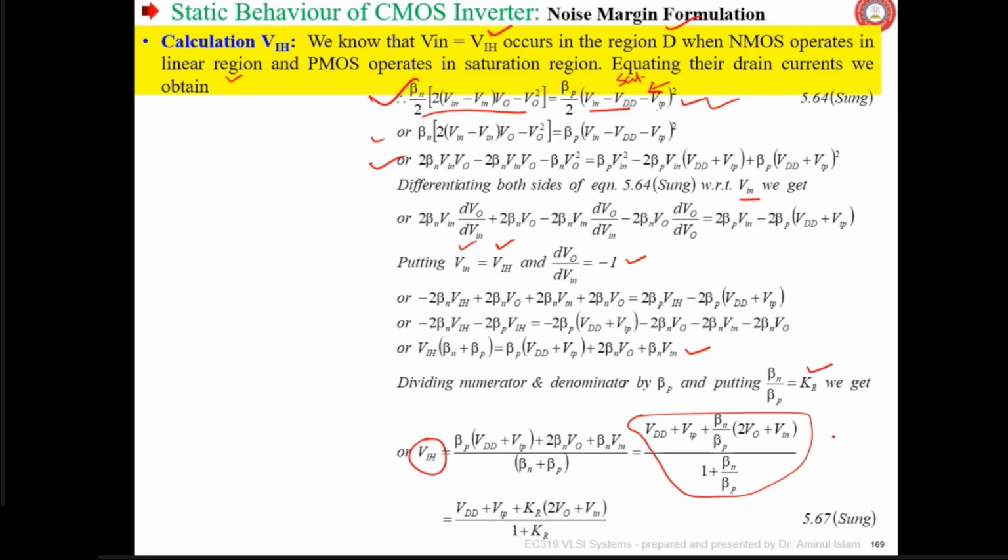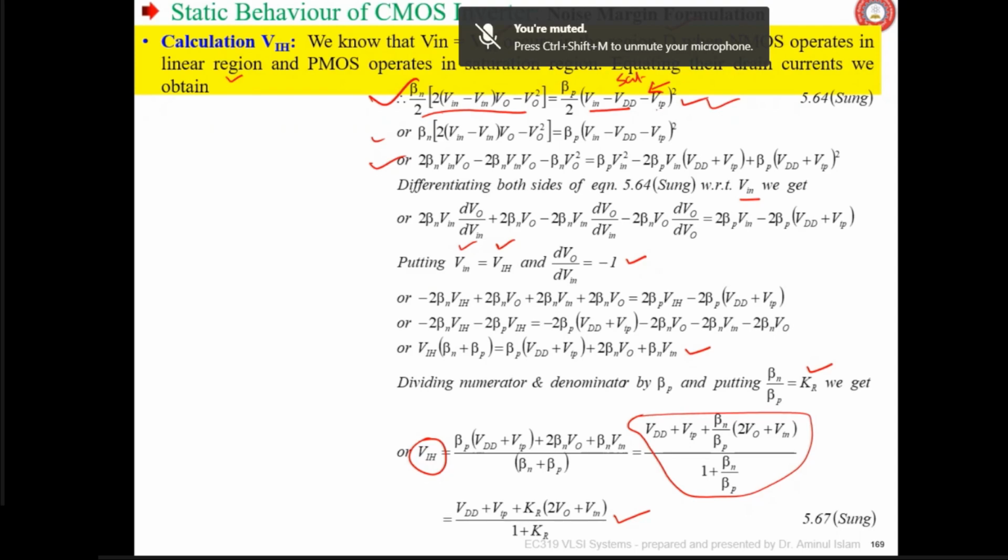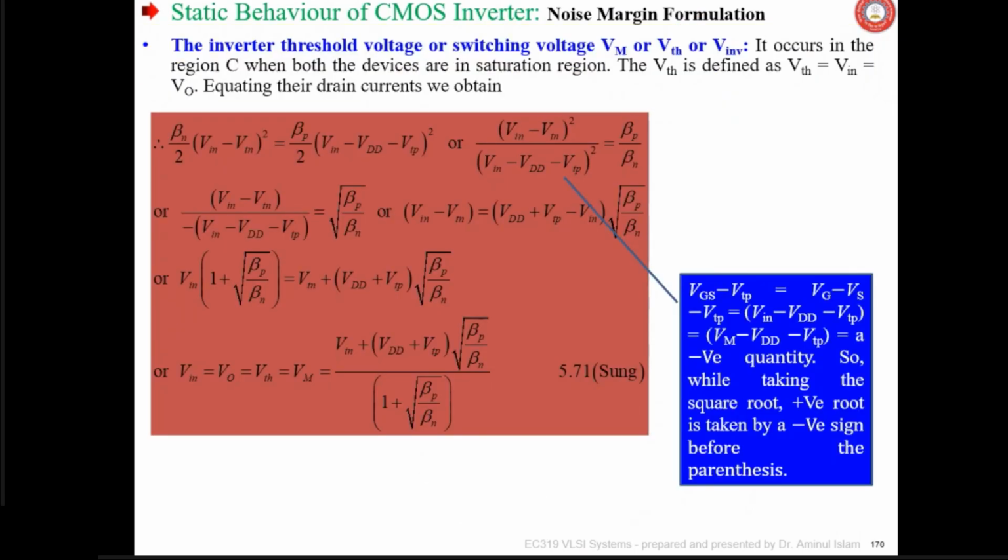Putting that value of kr in this expression, we get VIH as Vdd plus Vtp plus kr into (2Vo plus Vtn) by 1 plus kr. So we have got two important input voltages, VIH and VIL.